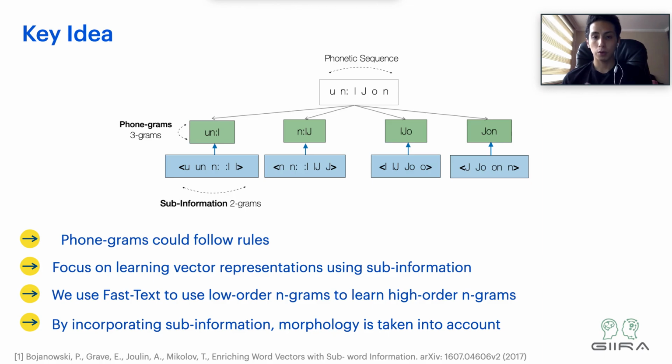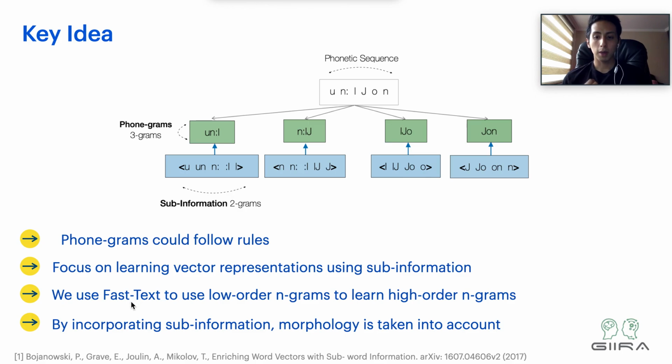So we focus on the main idea that phonograms could follow rules in their structure. So using the information of lower order n-grams could improve the representation of these units. Also, when the system faces new units during evaluation, for example, the system will use the information of lower order n-grams learned during training to make the representation of these new units.